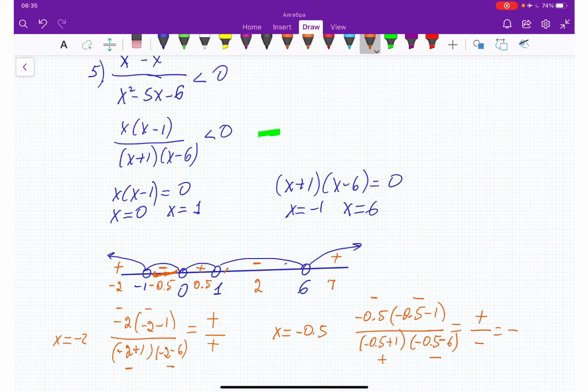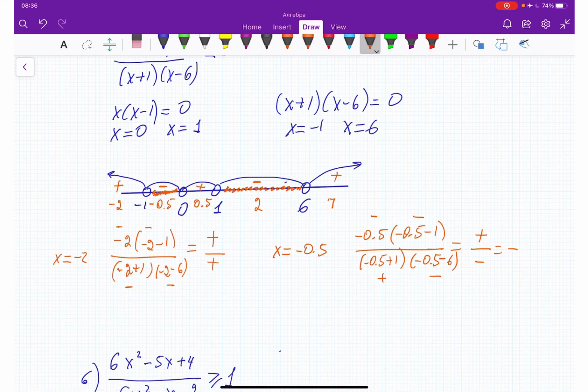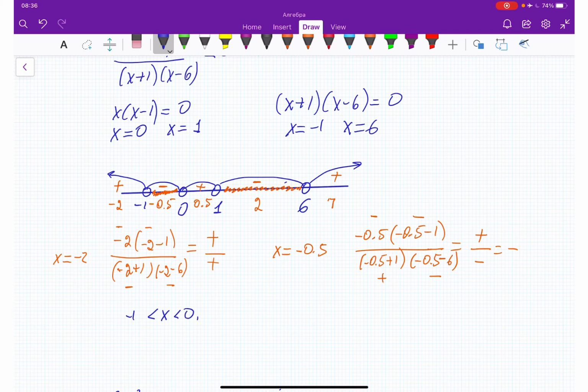And the solution going to be this piece. Okay, so if I write down, I'm going to get x is greater than -1, less than 0, and x is greater than 1, less than 6.